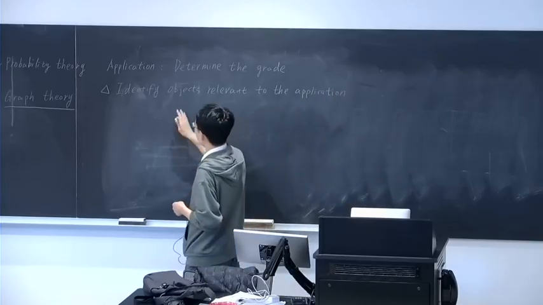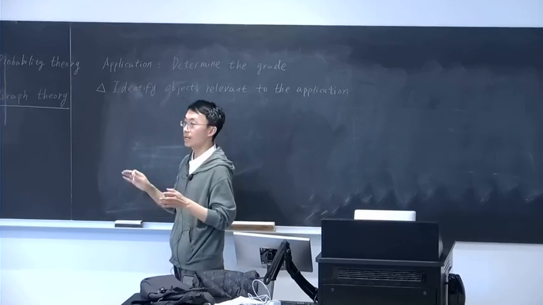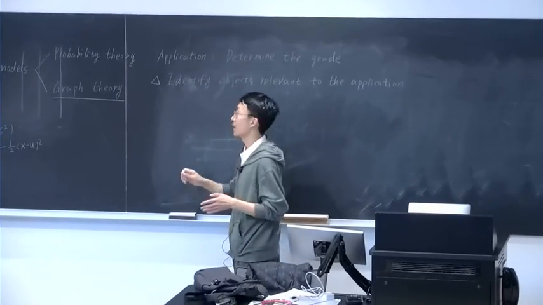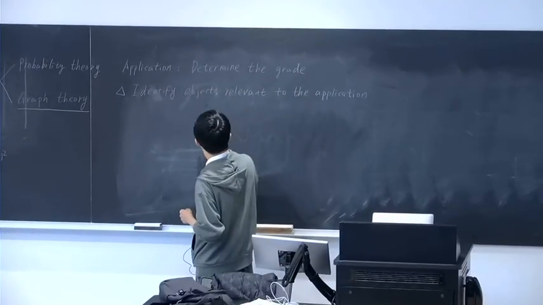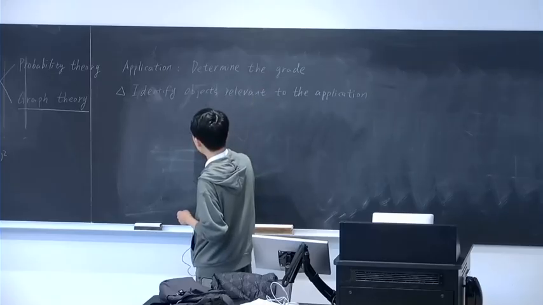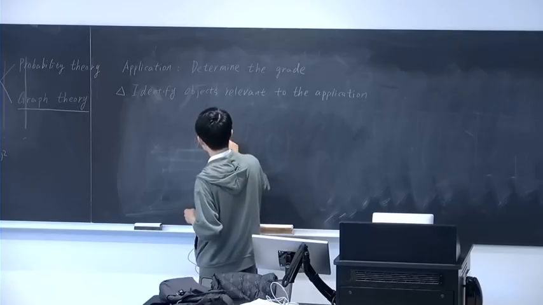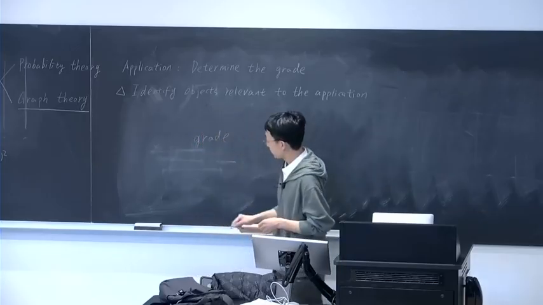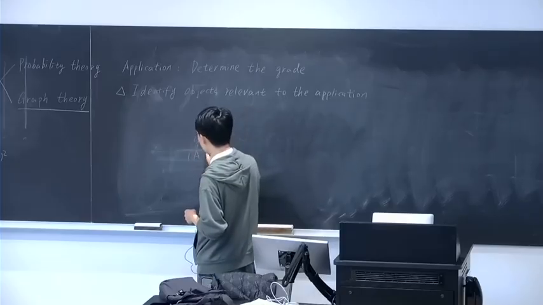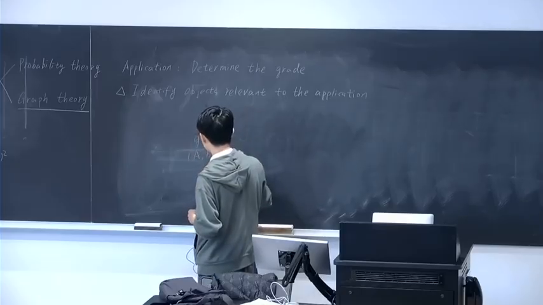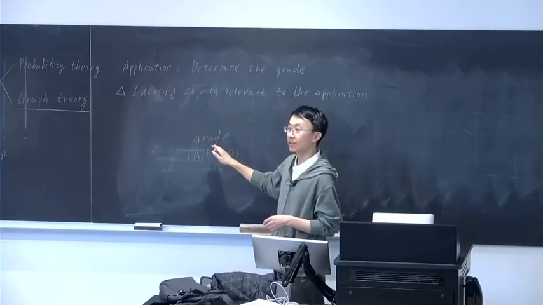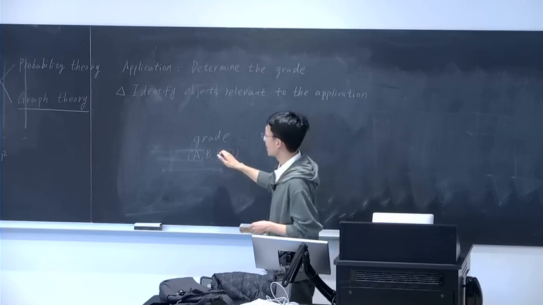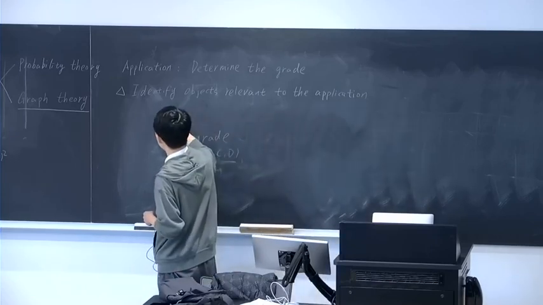So what do I mean by objects? Basically, any concepts or entities that are relevant to this question. One object obviously is the grade: A, B, C, or D. So the grade can take the value A, B, C, or D. What things determine my grade in this course? One thing I can think of is the difficulty level of this class.